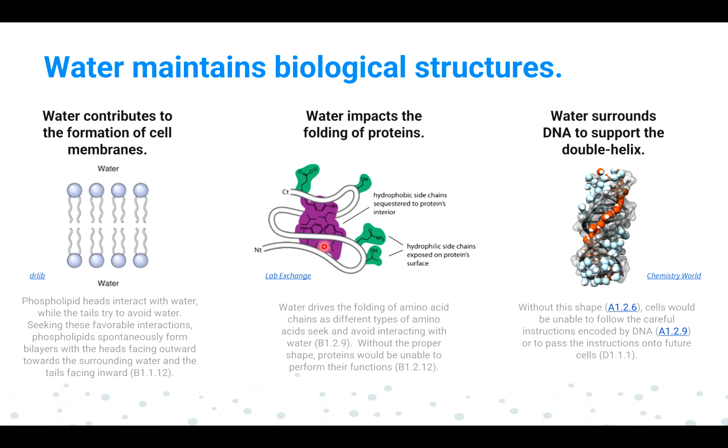Different types of amino acids need to interact with or avoid water depending on what type of function they are doing, right? If they are working in polar condition, of course they will get dissolved. If they are working in non-polar condition, they are not going to get dissolved, and without the proper shape, proteins would be unable to perform their native function just because of this.